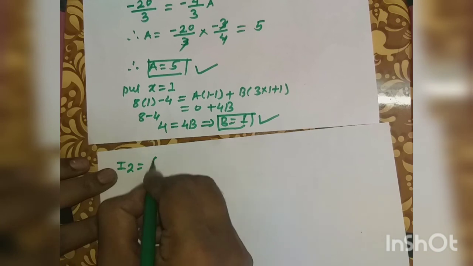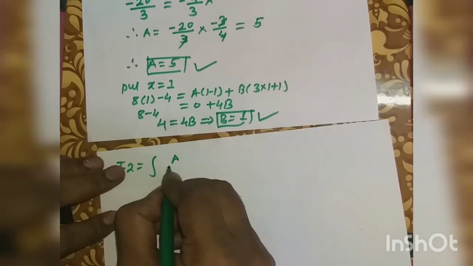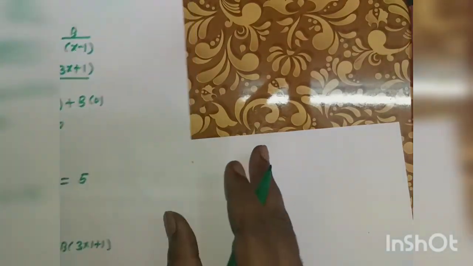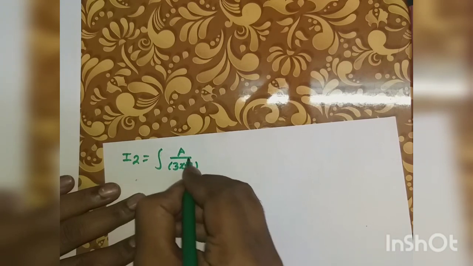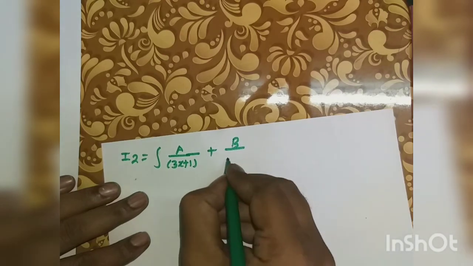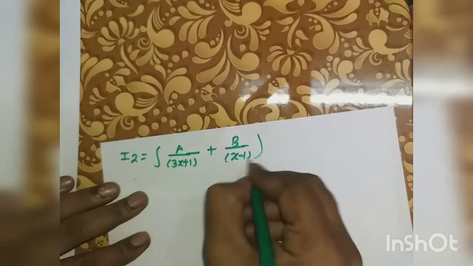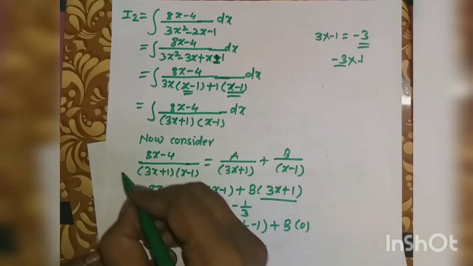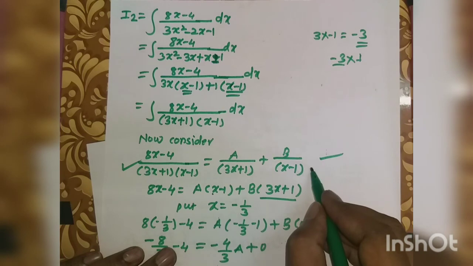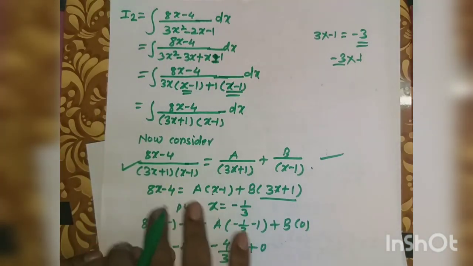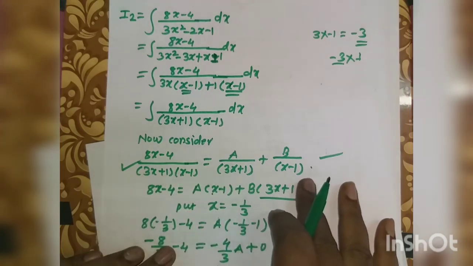I2 is equal to the integral of a divided by the first bracket 3x plus 1, plus b divided by x minus 1, dx. Now this I2 is converted into this form, using these values. The left hand side is the given integral I2, and the right hand side is this way.